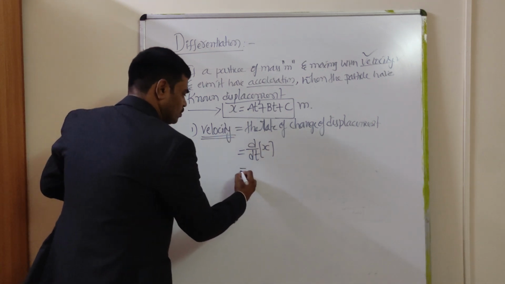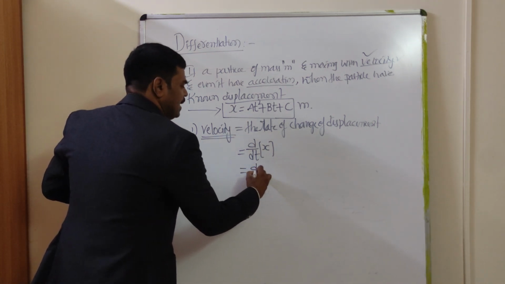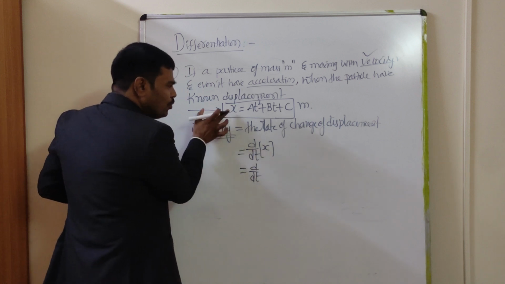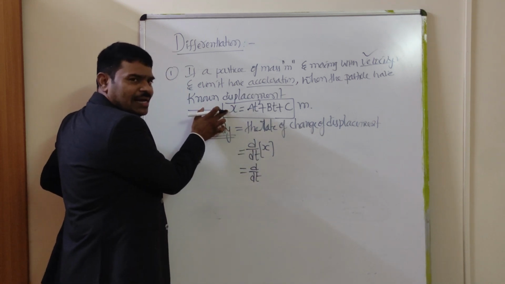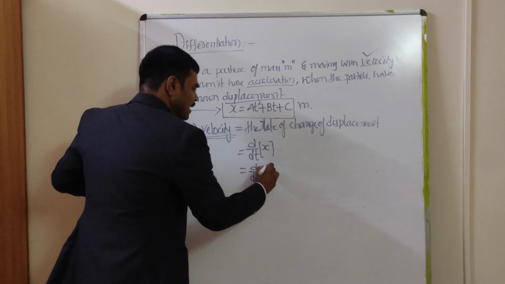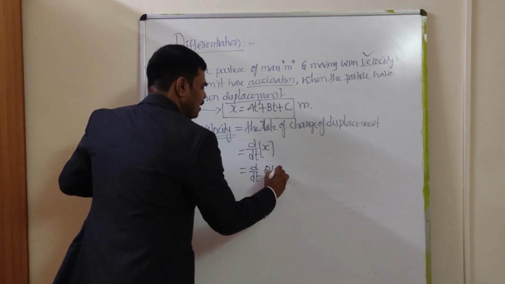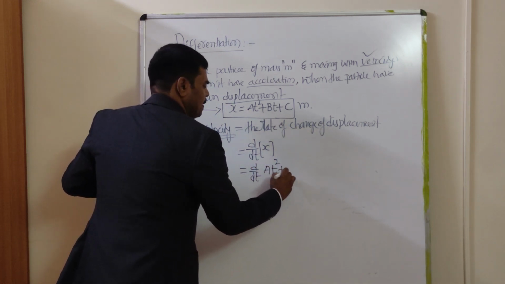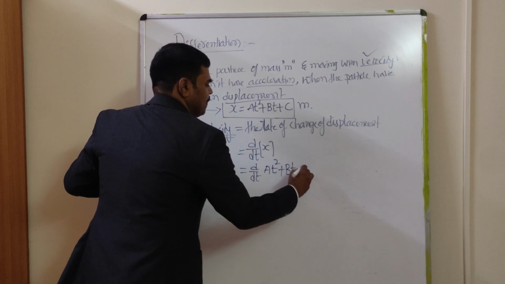Now d by dt of x is the known value we assumed earlier, that is a t square plus bt plus c.